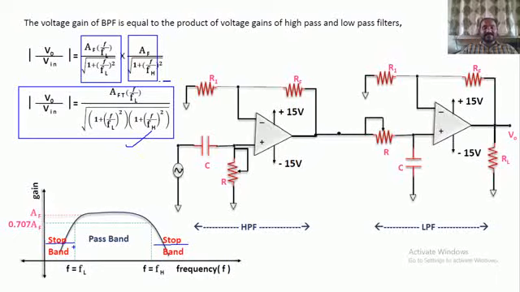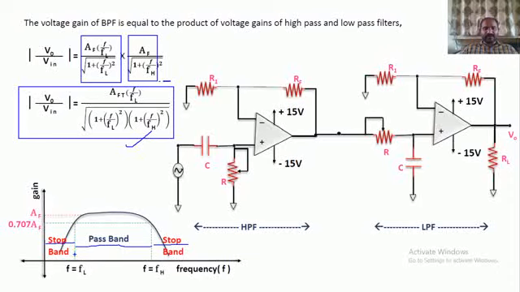Now which one is accepted? The frequency components between FL and FH are accepted. That's why it is called a pass band. One is a stop band, another is a stop band, and this is the pass band. And we know that the cutoff frequencies are calculated at the point where the reduction of the pass band gain AF is 1 by root 2 times.